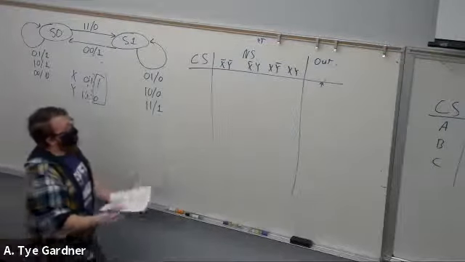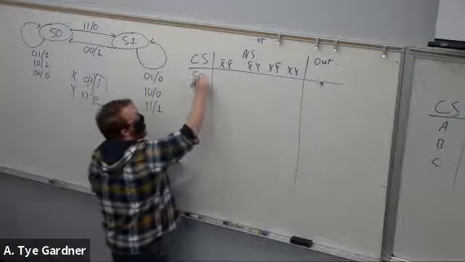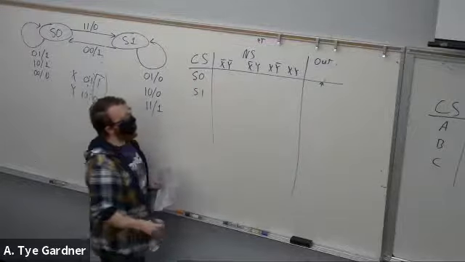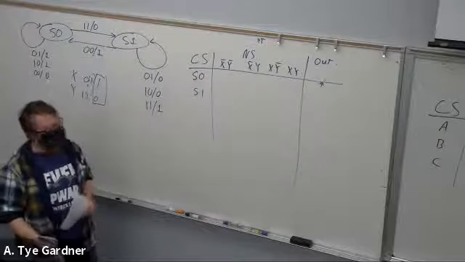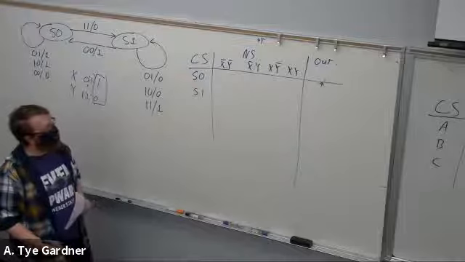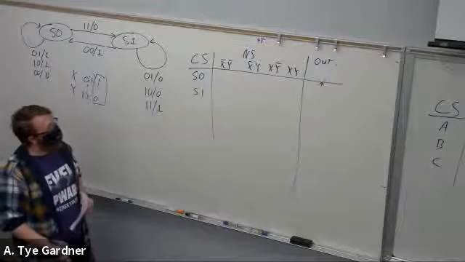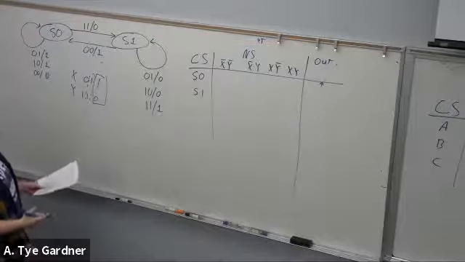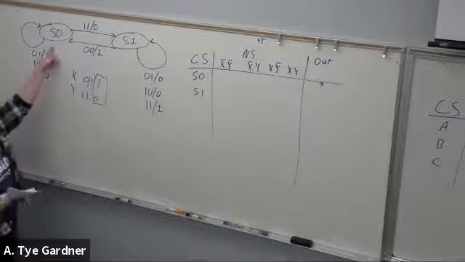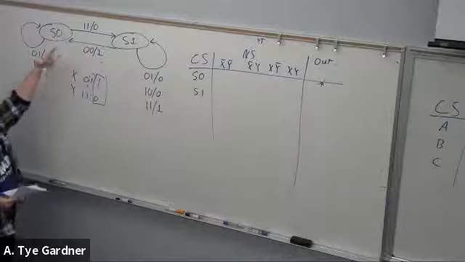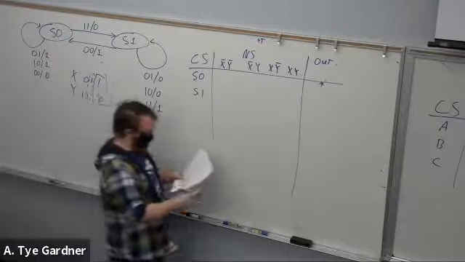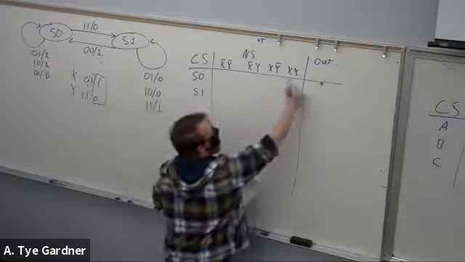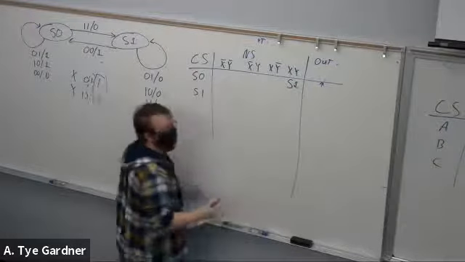So my state is pretty easy, because I can only be in S0 or S1. And then I just have to look, where is the situation for S0 that I don't stay in S0? Well, it's 1, 1. So here I go to S1.